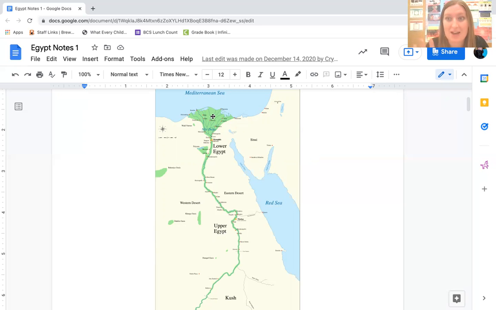Which is why, by the way, we hit Lower Egypt first, and then as you go down, you hit Upper Egypt. That's why. All right. The Nile is flowing from the south up to the top to the north, and it spills into the Mediterranean. Got it. Saying it again for emphasis.